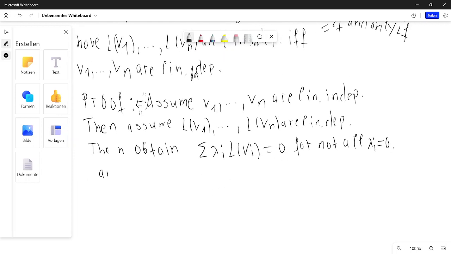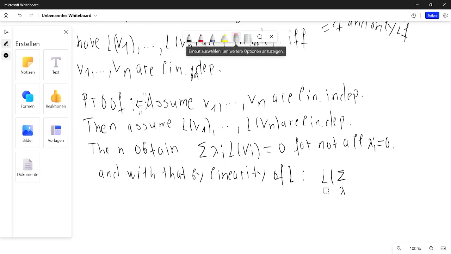And with that, by linearity of L, right? Linearity applied in reverse, you recall, but it is equality, so there's no asymmetry in equality.